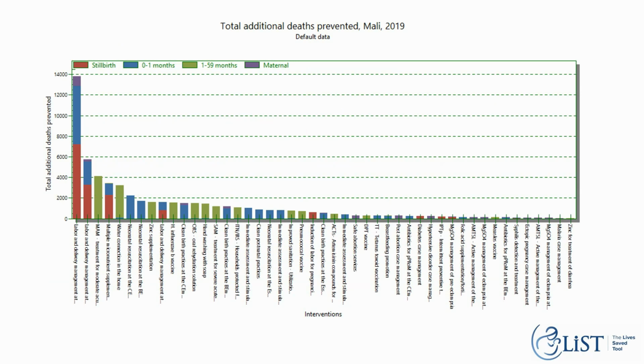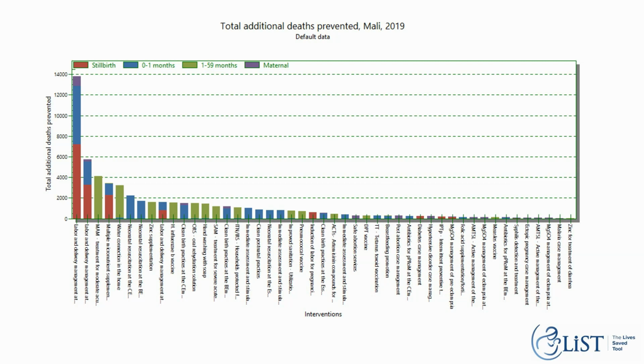So this is a typical output that you can get from the equity tool. So you'll see the number of total additional deaths prevented, which also means it's completely synonymous with number of lives saved. You'll have your country, and this video is being recorded in 2018, so the following year will be 2019. You'll be able to visualize the number of stillbirths averted, the number of neonatal deaths averted, the number of child deaths averted, and the number of maternal deaths averted in red, blue, green, and purple respectively.